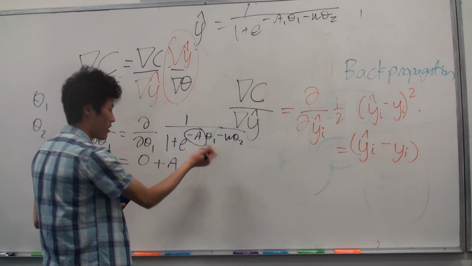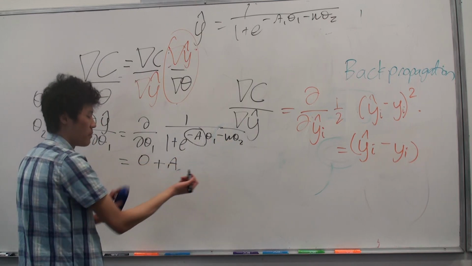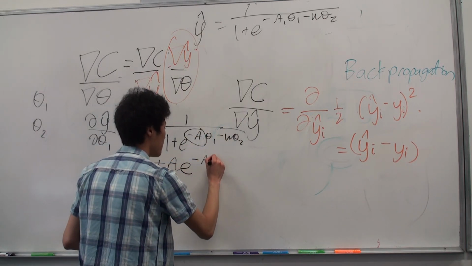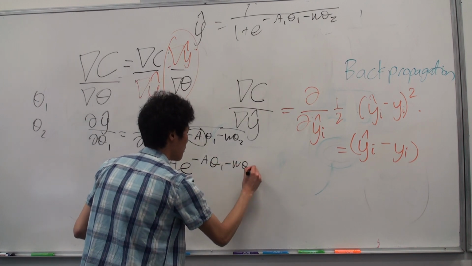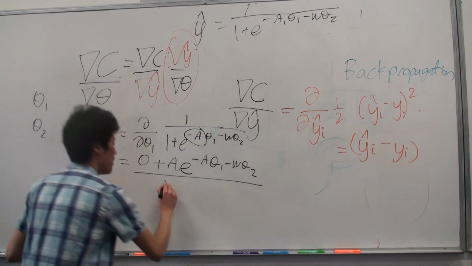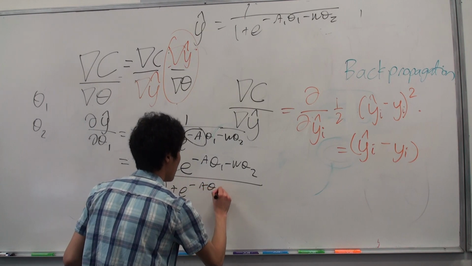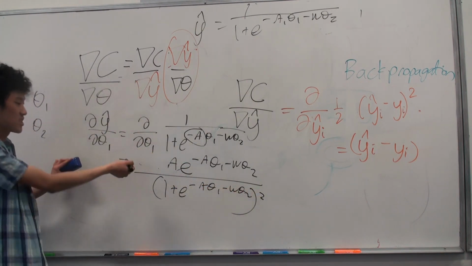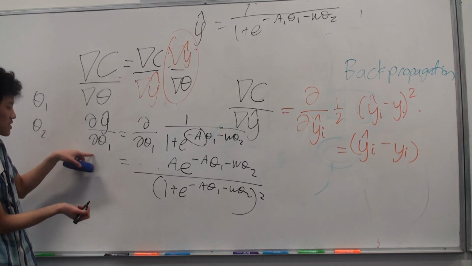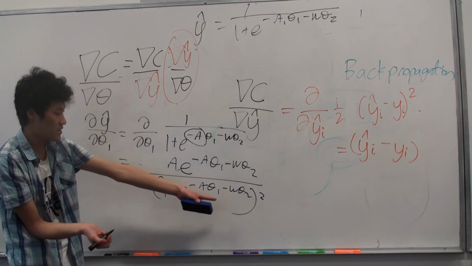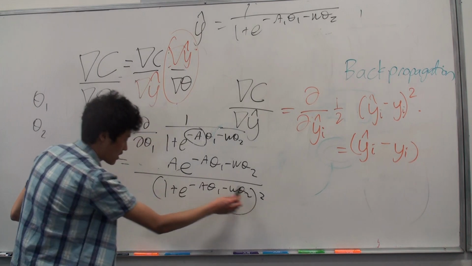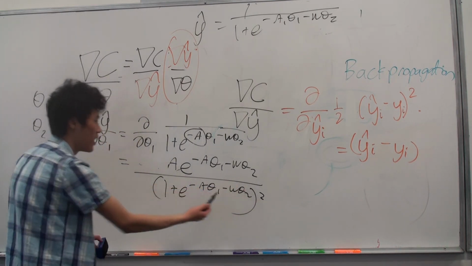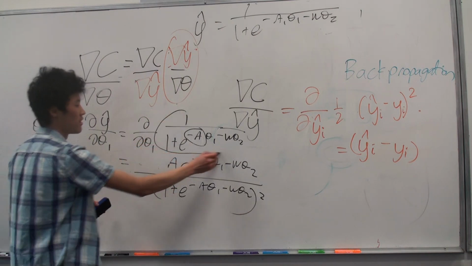Right? So this, and then we remember we write the same. Remember the differential of the exponential is the same as itself, so we write it again. All over the bottom squared. Right? We get this. So that is a differential of this. But if you see this more clearly, the bottom part, this 1 plus e to the blah squared, kind of looks like this.